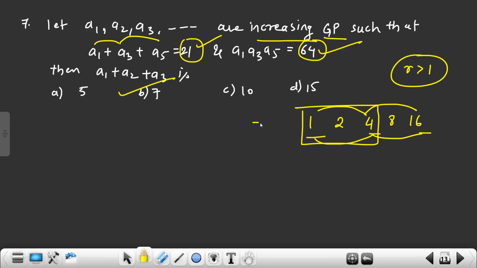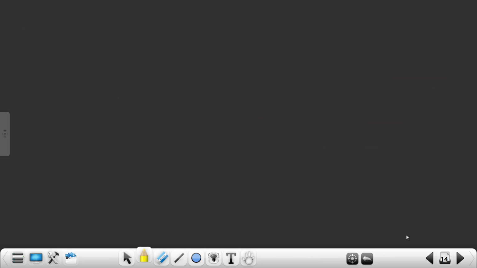So 7 is the correct option here. Although you can do it by that simple method also that we teach in the classes: let the terms be a by r square, a by r, a, and then simply add like this. You can do also. But just simply if you apply a little bit of brain, you can come to the conclusion very easily. Now let's move to the 8th question.